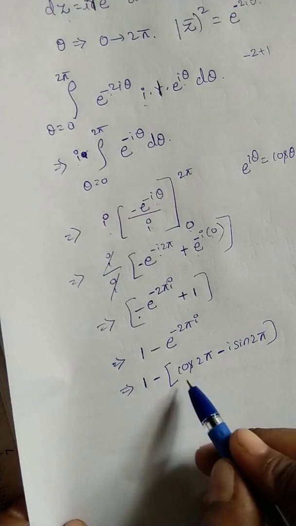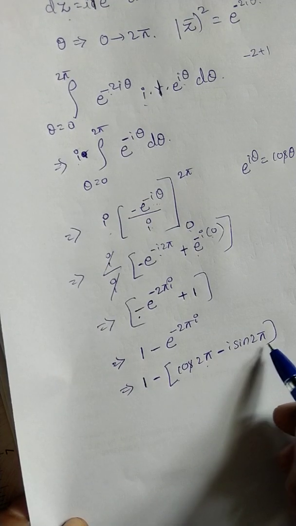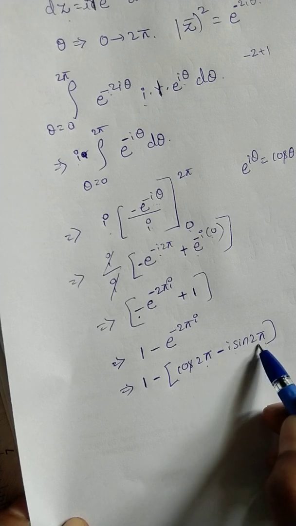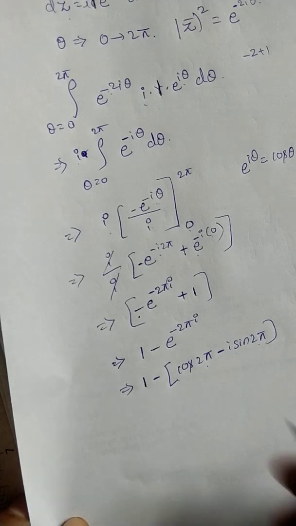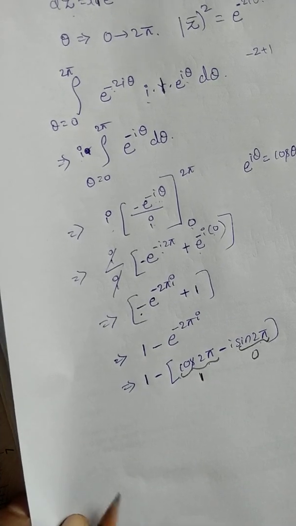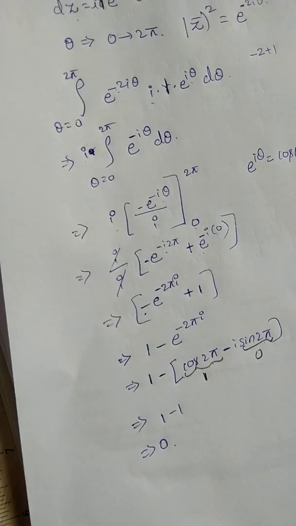Okay, now sin 2 pi value is 0 and cos 2 pi value is 1. Okay, which implies 1 minus 1 is 0. So this is the final solution.